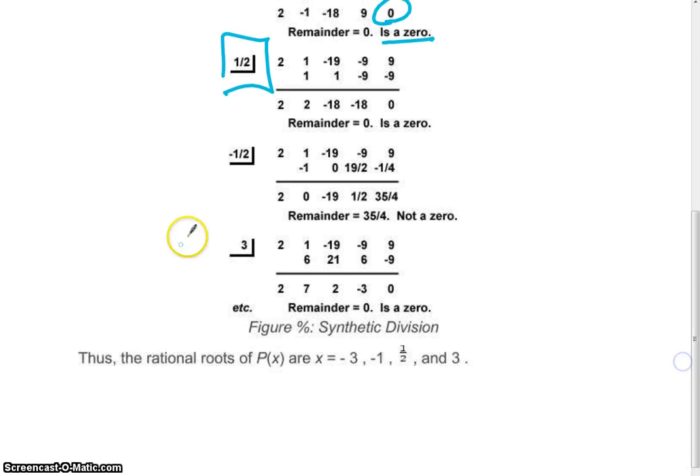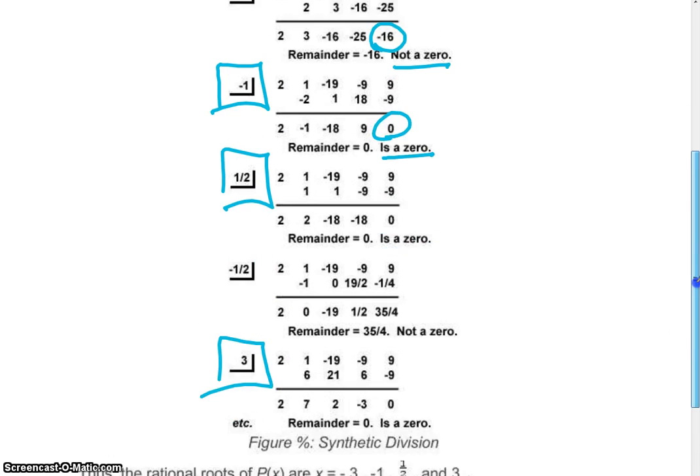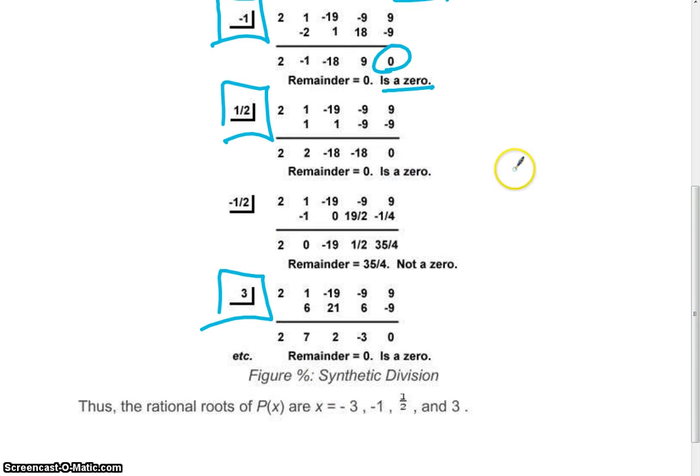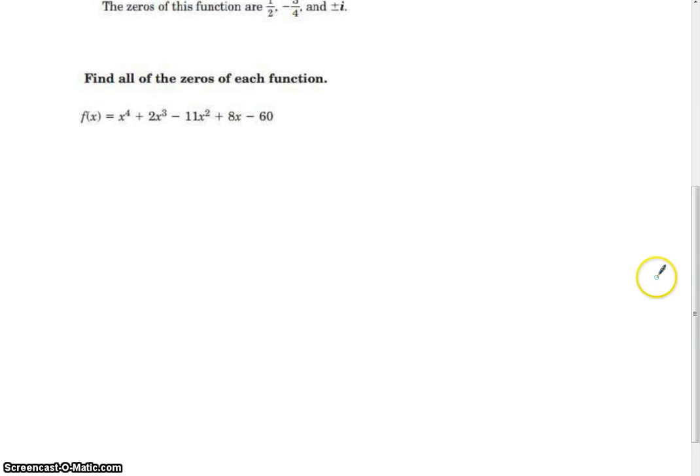Not a 0. This one is a 0. So the rational roots are 3, 1/2, and -1. And they're saying -3 also. They don't show that one, but if you did synthetic division, then you would see that it was a 0 for the remainder. All right, last page of your notes.